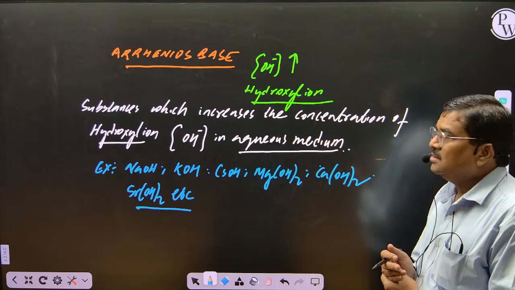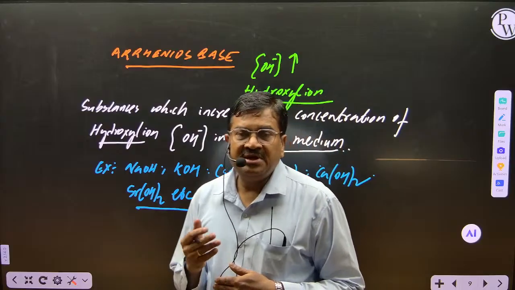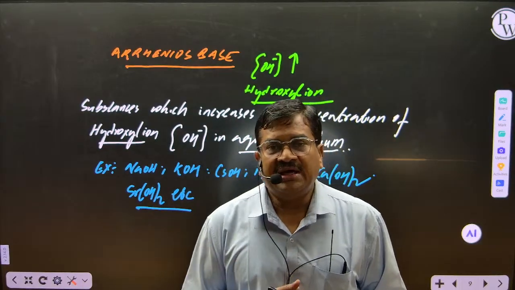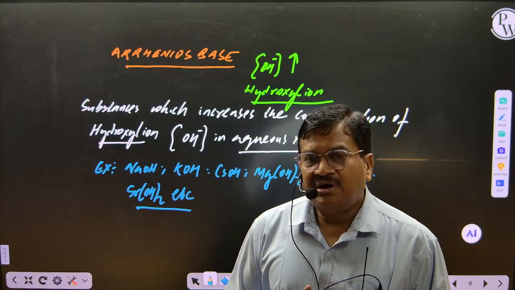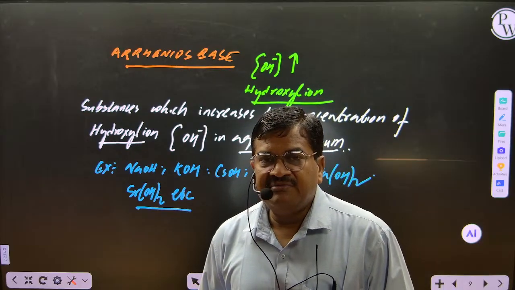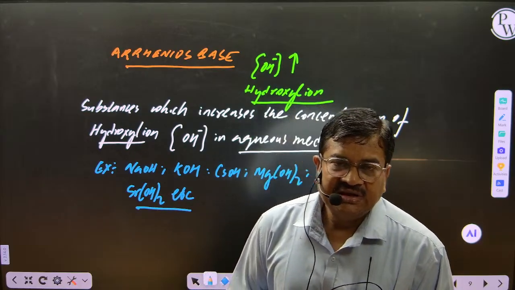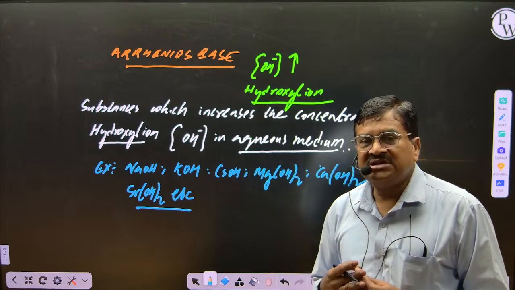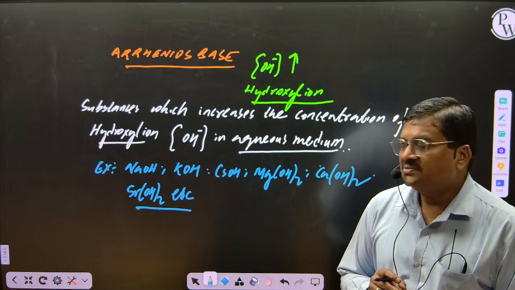Understood? So you got the idea whom we call Arrhenius acid and whom we call Arrhenius base. If substances increase hydronium ion, it is called Arrhenius acid. If substances increase hydroxyl ion, we call it Arrhenius base.